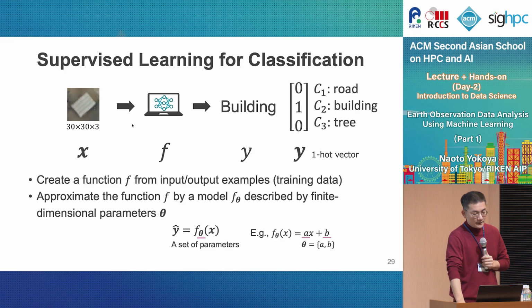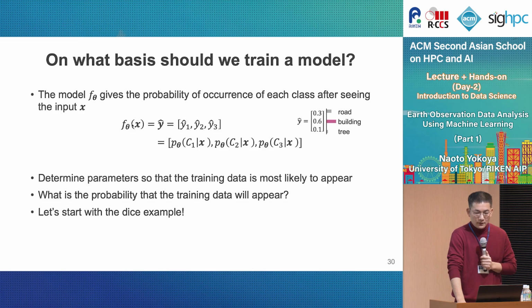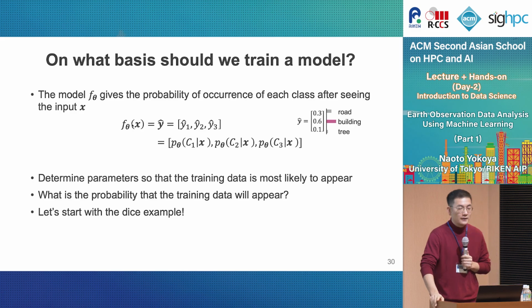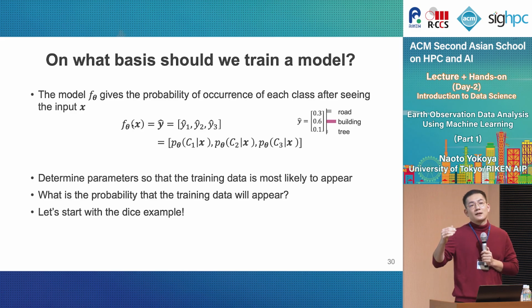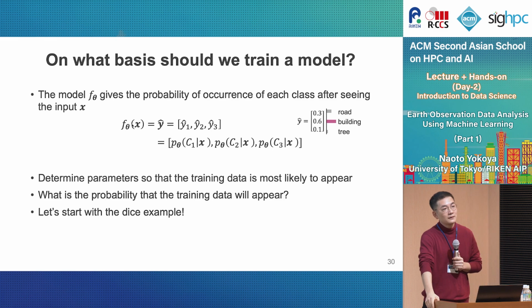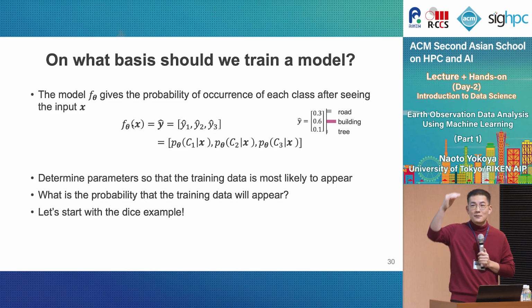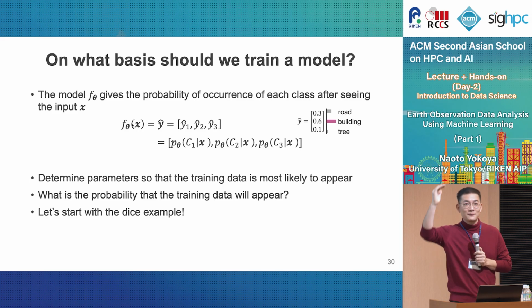So the target is to obtain this f theta based on training data. So how we should train the model? So we need to set up the goal, okay, right? So probably you have your own goal, right? You set up some goal, and then you optimize yourself. You modify yourself to achieve that goal.